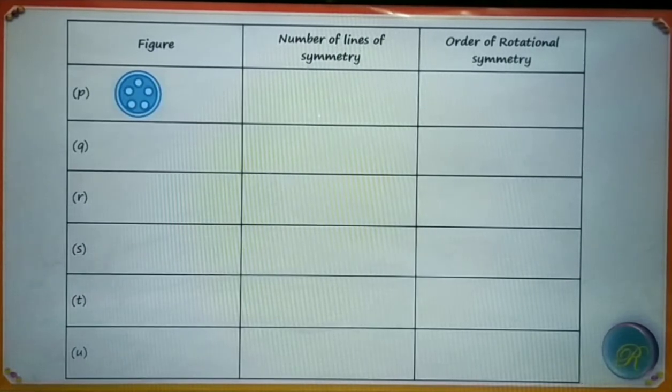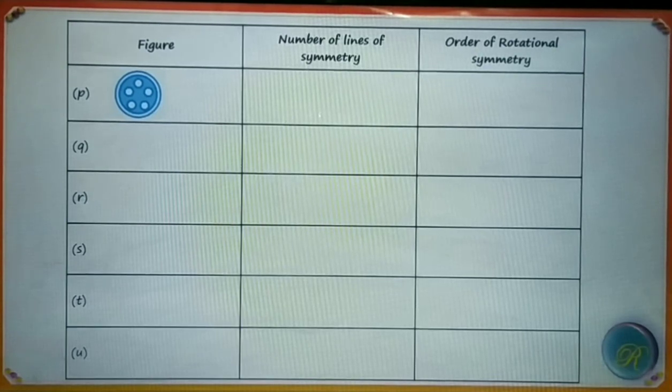Figure P. Number of lines of symmetry 1. Vertically we can draw. Order of rotational symmetry 1. Figure Q. Number of lines of symmetry 0.